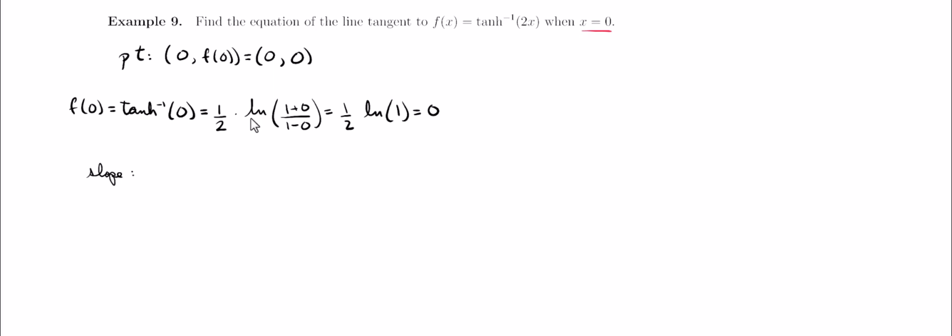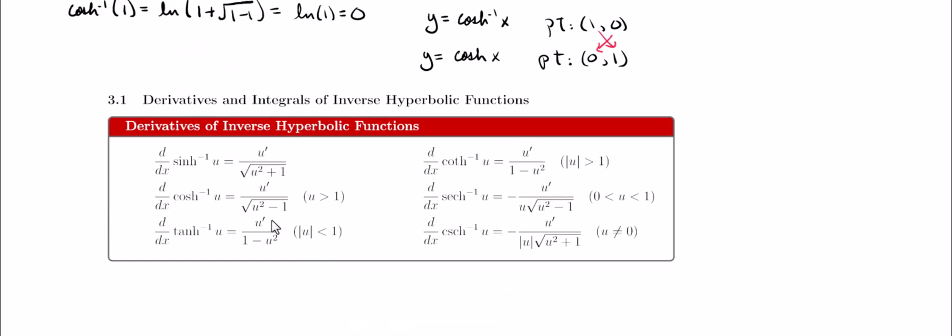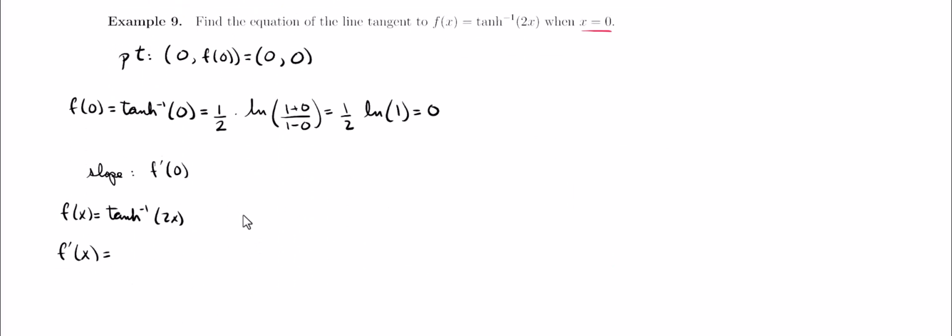Now what about the slope? The slope here is going to be the derivative evaluated at 0. So what would be our derivative evaluated at 0? If our function is the tanh inverse of 2x, then using the formulas above, I will write the formula.